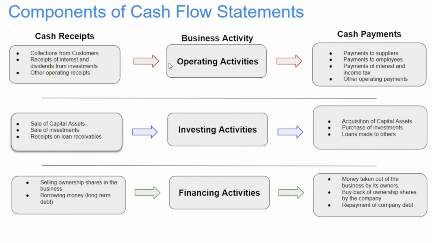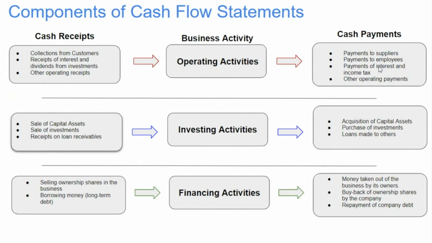So we need to be able to decipher the fact that these three elements exist. And we can pinpoint receipts and payments in each of them: collections from customers, receipts of interest, dividends from investments, other operating receipts.